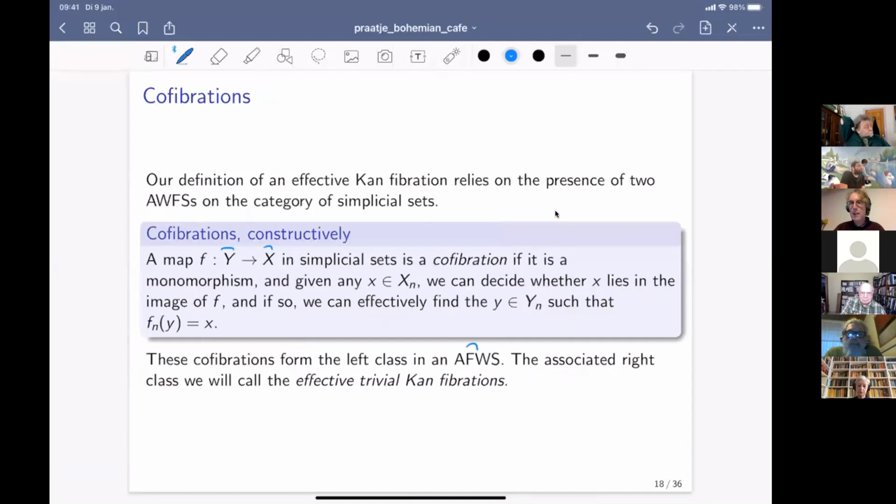So they have added an extra decidability condition here, which we don't have. And I think it is kind of attractive to have every object cofibrant. So I'm hoping also for that reason that we can make this work.